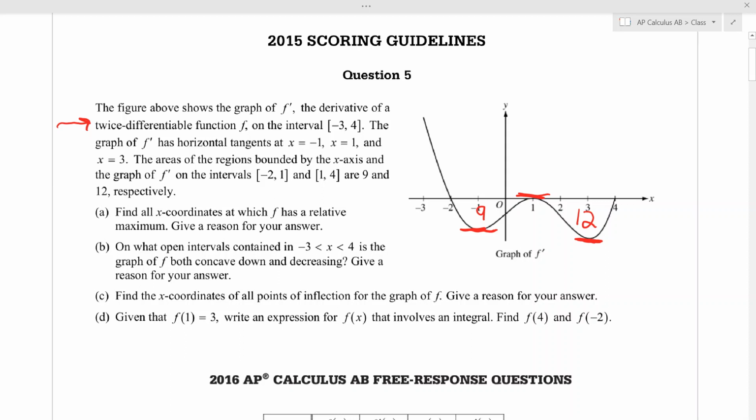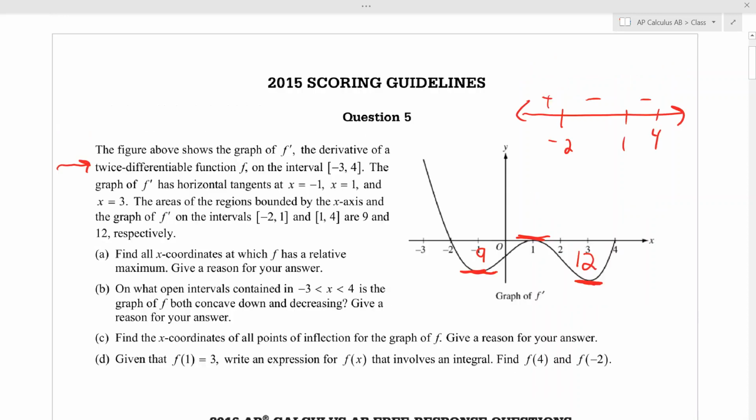Cool. And it says find the coordinates where f has a relative max. This shouldn't be super hard. Again, you can break this into a number line if you want, but it's the same information that's on this graph. We have -2, 1, and 4, and this goes positive, negative, negative, and then stops. So there's a relative max at -2, and that's what you're going to say.